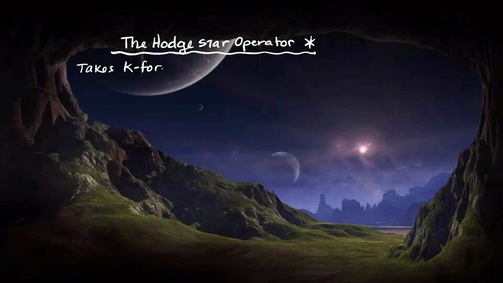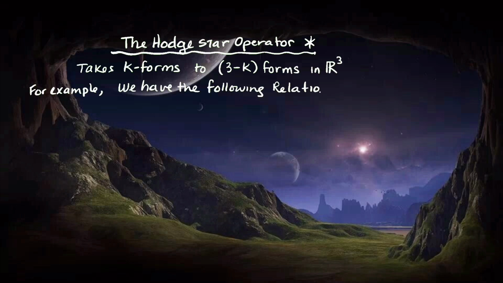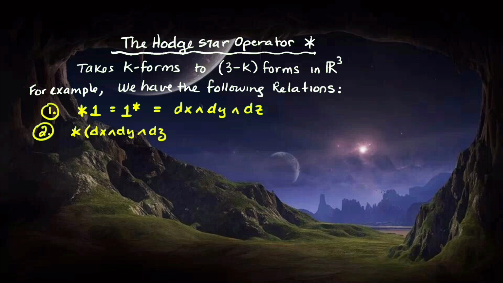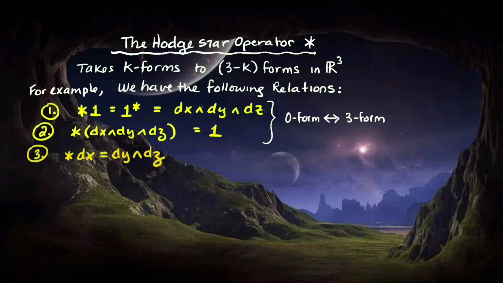The Hodge-Star operator takes k forms to, in the case of R3, 3 minus k forms. So for example, we have the following relations for the Hodge-Star operator, which can be used in front or as an exponent when written. And it relates to the wedge product because it is an isomorphism between these forms. Here we can transform between a 0 and a 3 form using the Hodge-Star operator.